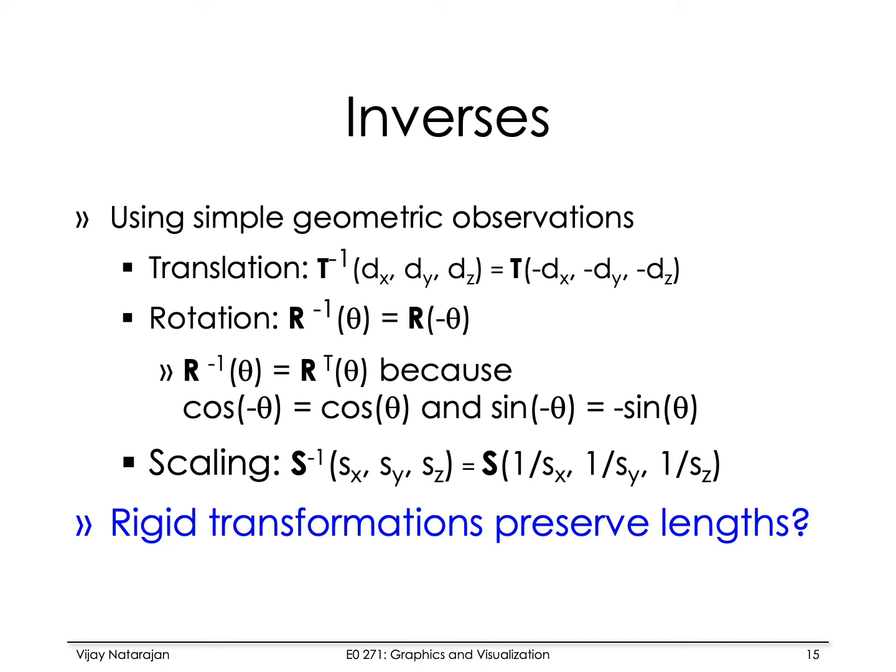Consider the transformed version of this line segment. Let's assume that this transformation is either a translation or a rotation, and prove that the length of the edge AB is preserved. It's a very simple linear algebra exercise.